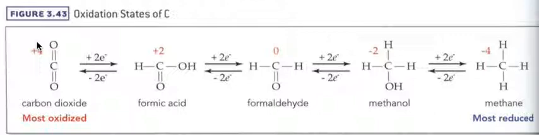All right. So the general rule that organic chemists like to use is that increasing bonds to hydrogen, so that's moving to the right, you're going to get a more reduced compound. And the reason for that has something to do with calculating oxidation states. The way this works is that carbon is generally not that electronegative of an atom.